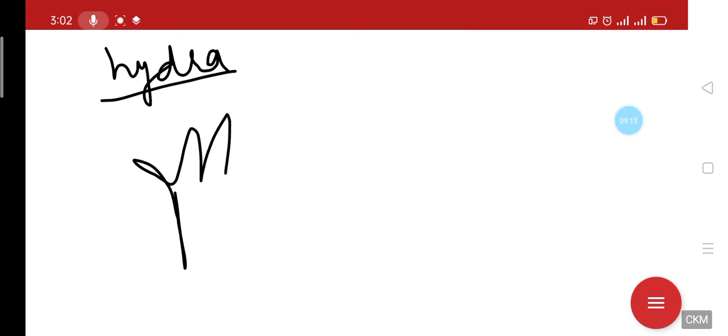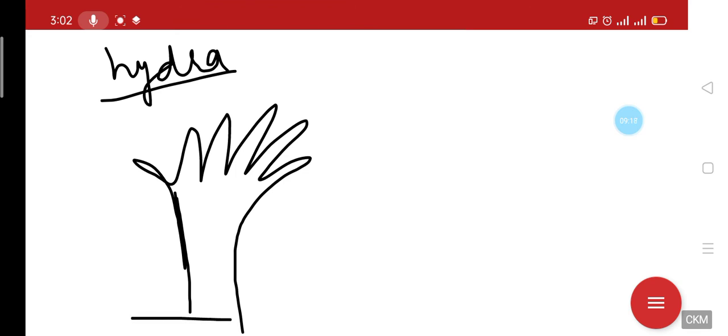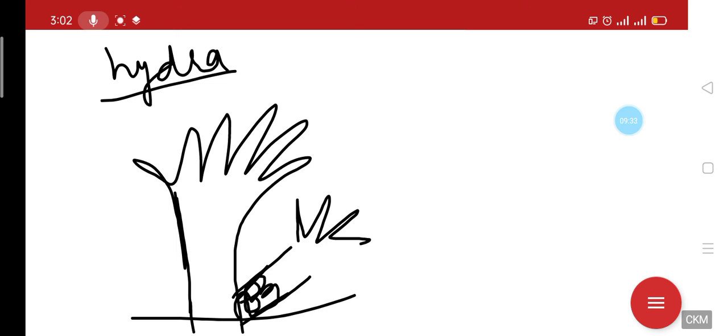The hydra grows with the help of asexual reproduction. At the surface of the hydra, with the help of mitosis, a bud is produced. This bud slowly and gradually grows by mitosis. It starts developing and growing itself.